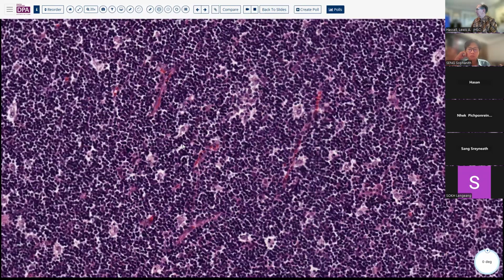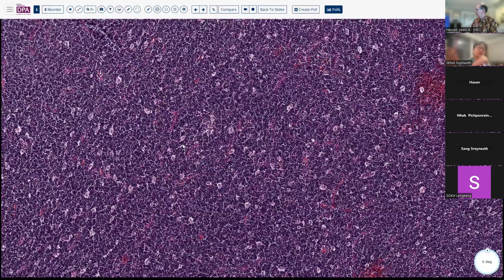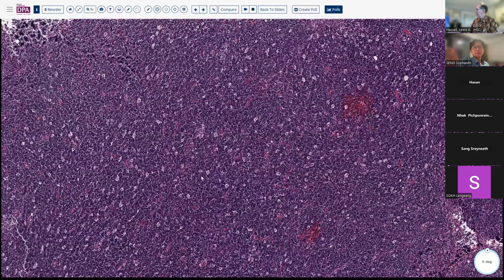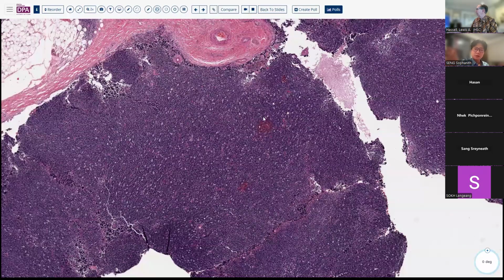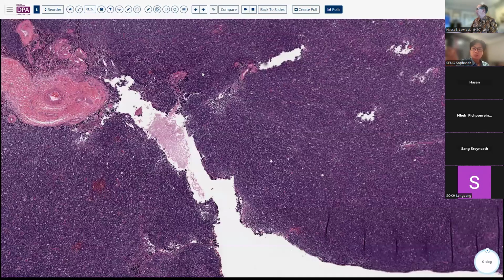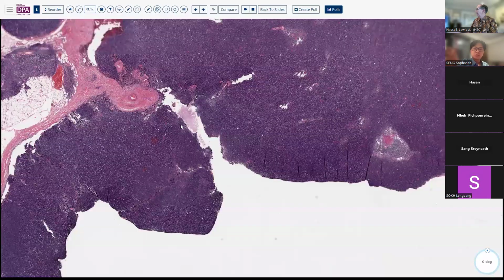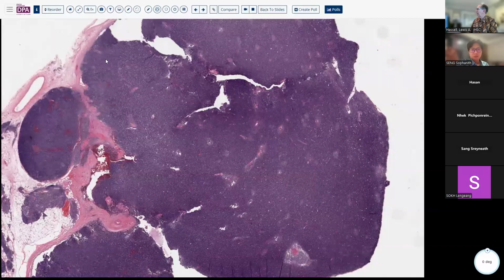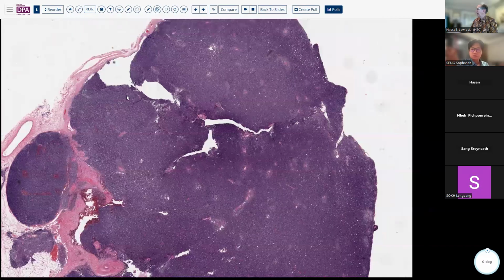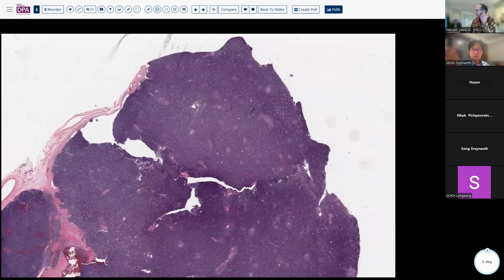This is a nice example of a B1 lesion with a very nice abundant lymphoid infiltrate. And as we can see from the margins here, this is fairly well circumscribed. It does not have an invasive character, although we might wonder if this was a true margin here. So inking these specimens is going to be important as well.